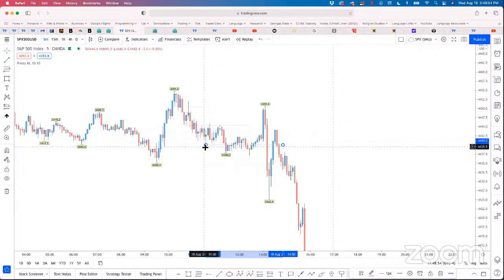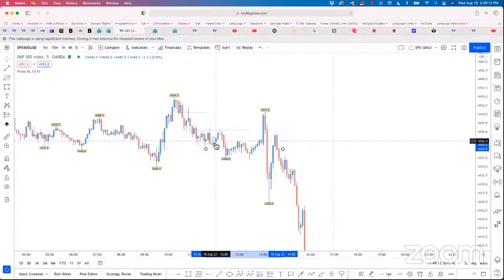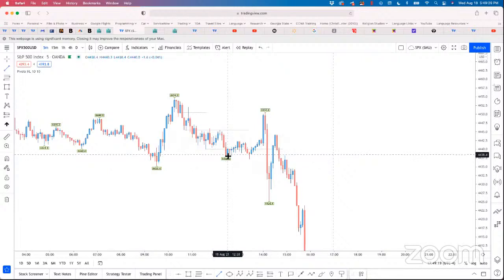What happened after that? Price traded back to this low. You got a rejection right here, here, and here, right? What happened on this high? We traded through this low and made this low, right?